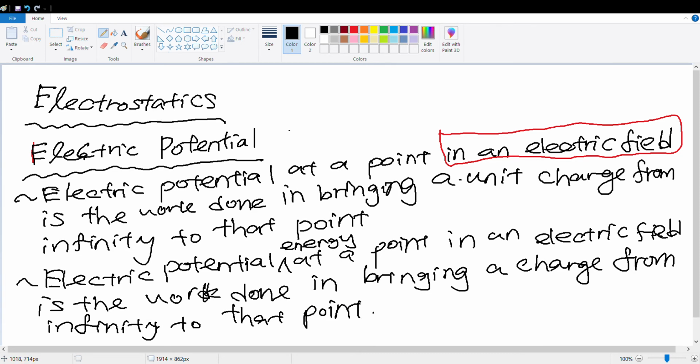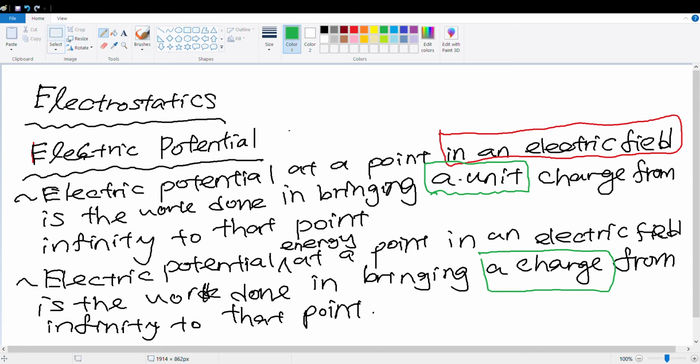So the difference, let me highlight it, is that electric potential is only for a unit charge, while electric potential energy is for a charge. That's the difference between electric potential and electric potential energy.